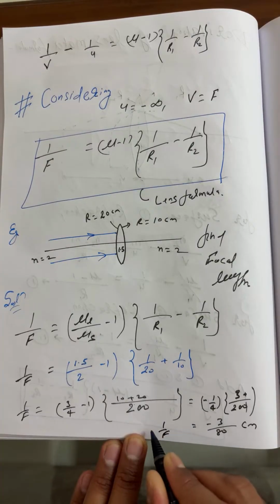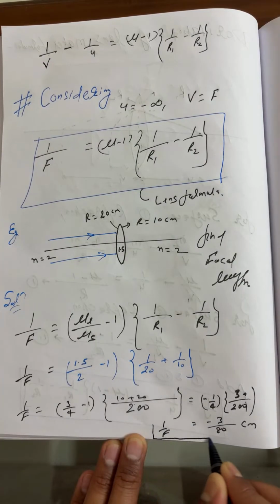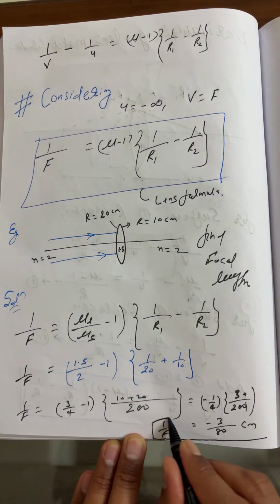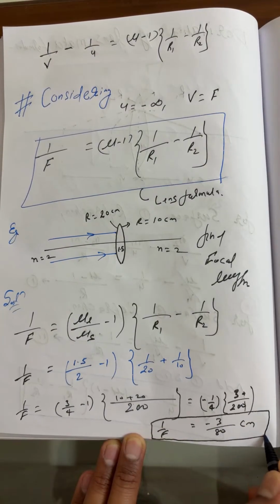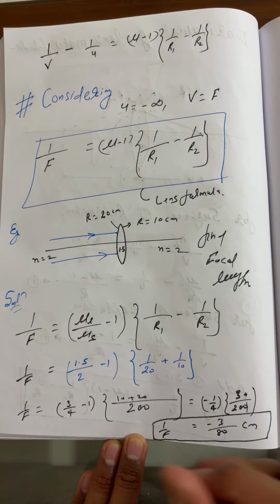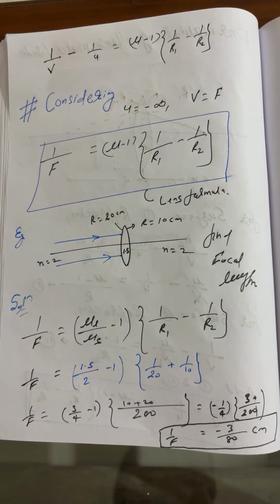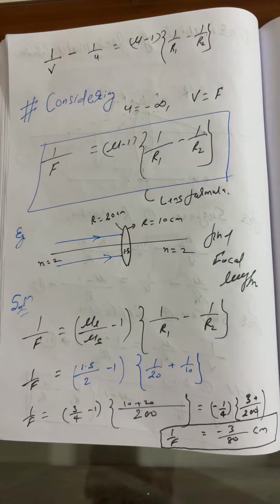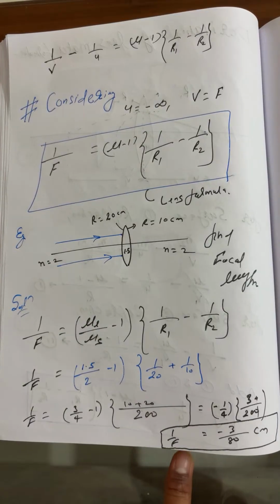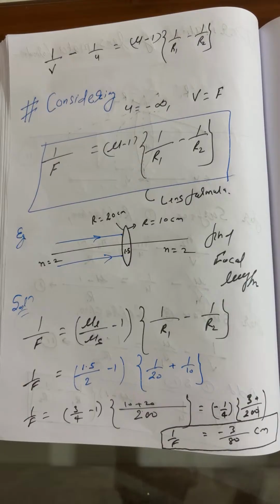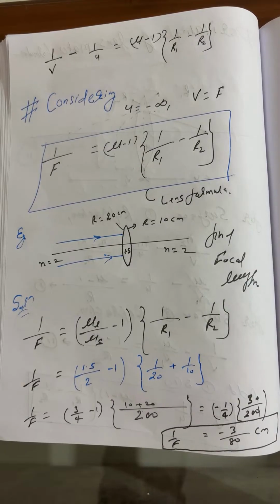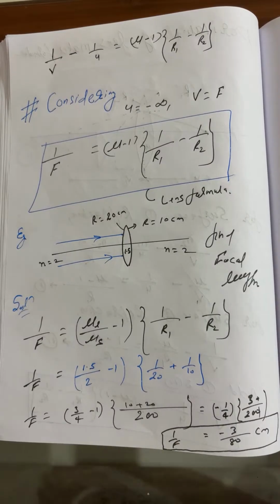So keep in your mind, the focal length is minus 80 by 3. What is the meaning of minus distance? Till now I didn't tell about converging and diverging. If we get a negative focal length, the nature of the lens is diverging.